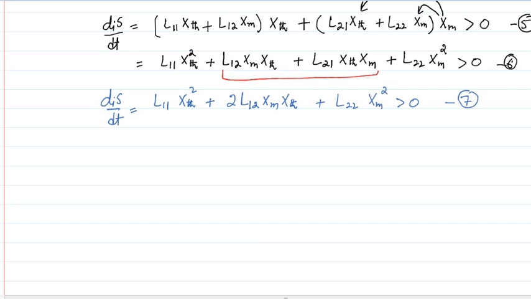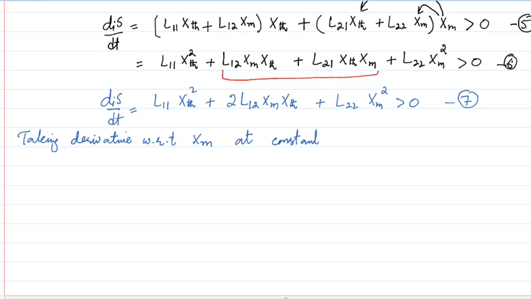So if we take the derivative of this equation with respect to Xm, also we will consider this at constant Xth.